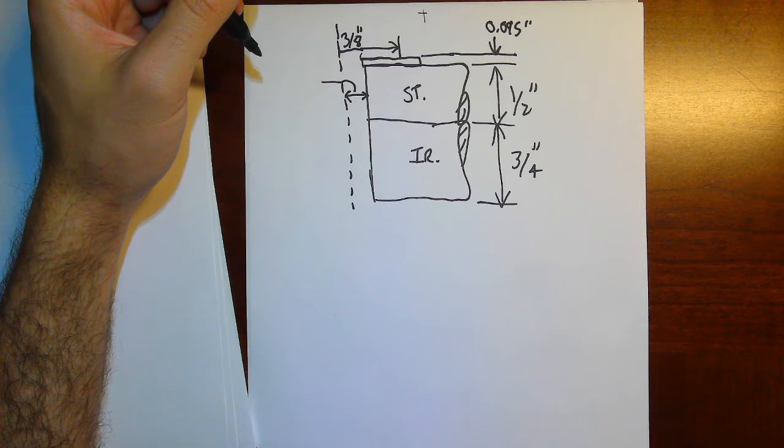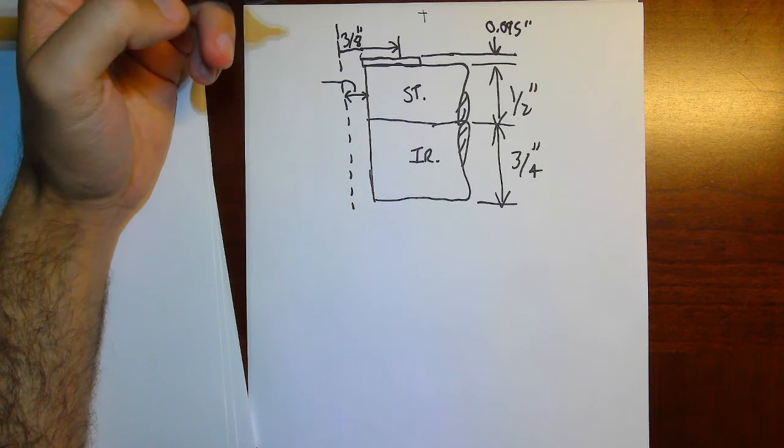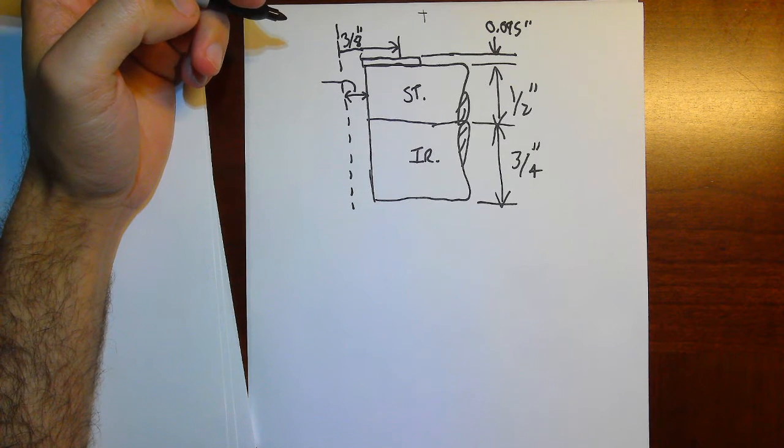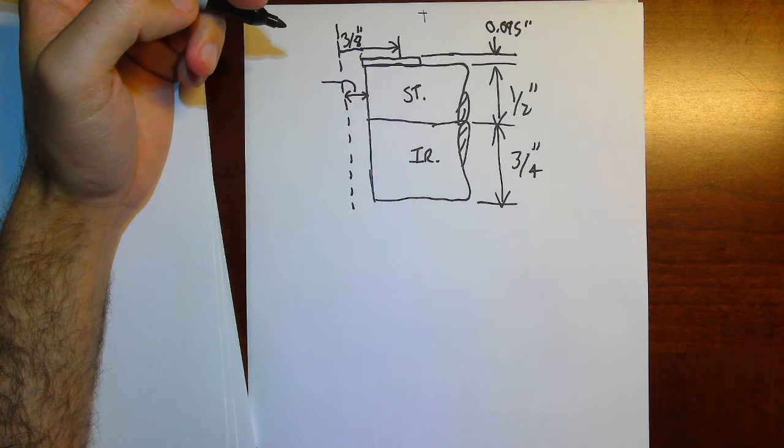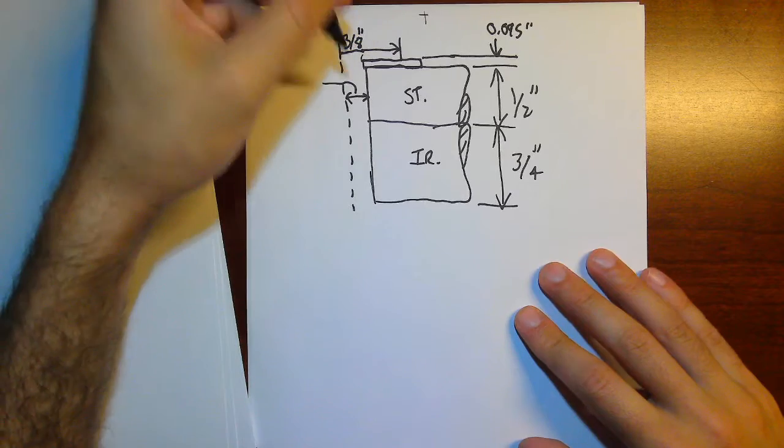If I go to a tap and drill chart, I'll likely find that it's slightly larger than that because the bolt needs some clearance. So if I look up tap and drill chart, here we go. Tap and drill chart for a ½ inch bolt, clearance is 0.5156.